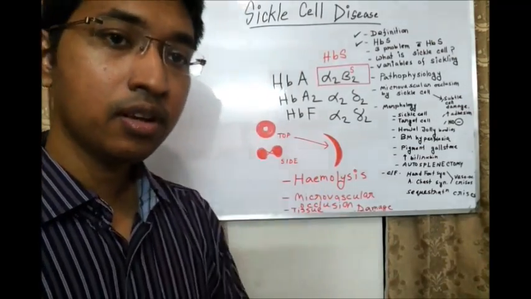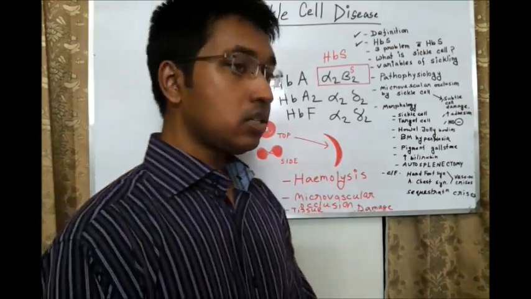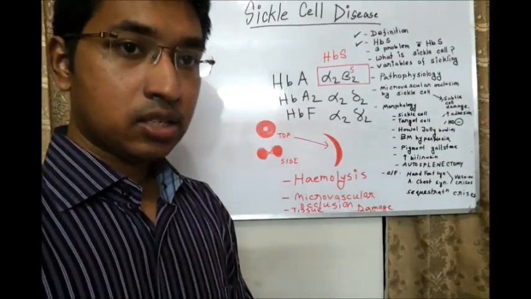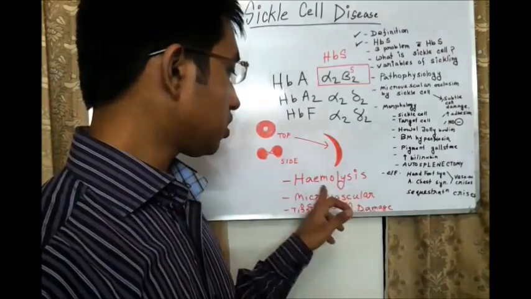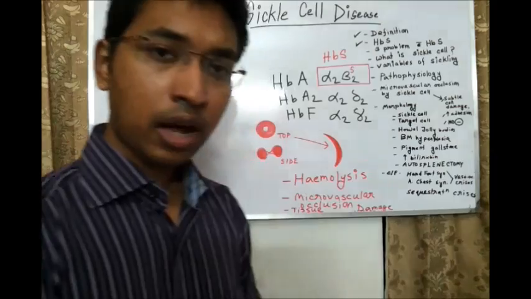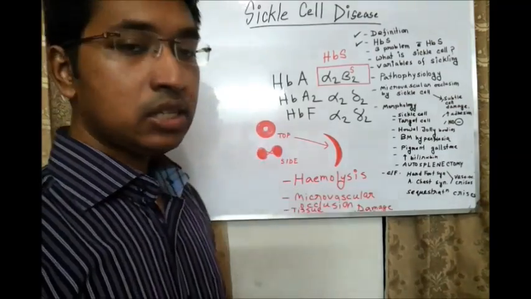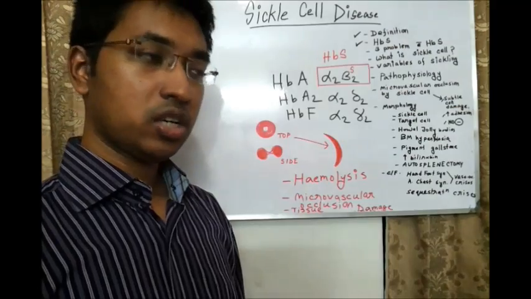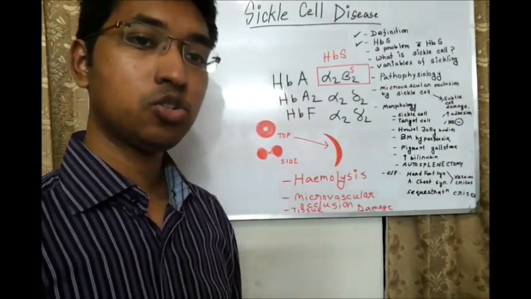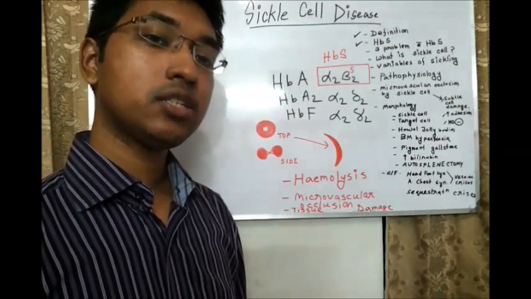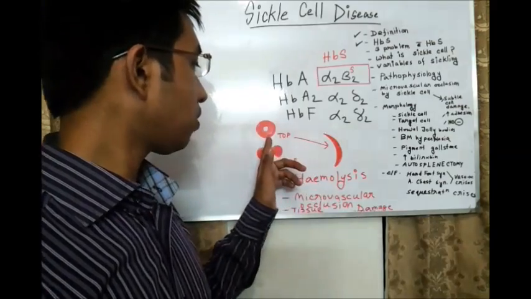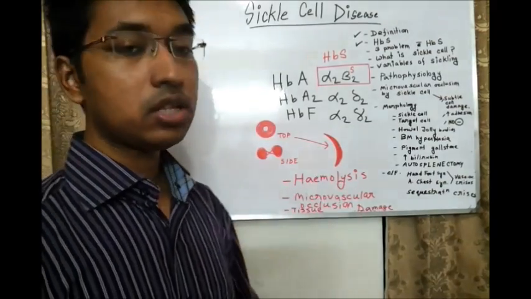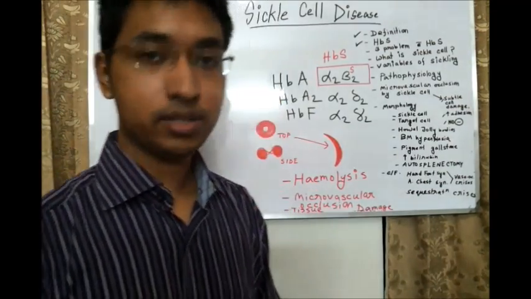Okay. So how does sickle cell disease and hemoglobin S cause hemolysis? Well, I said in deoxygenated condition, when hemoglobins are deoxygenated, hemoglobin S tends to polymerize, and that changes the shape of the red blood cell from biconcave circular to sickle shape. So what?